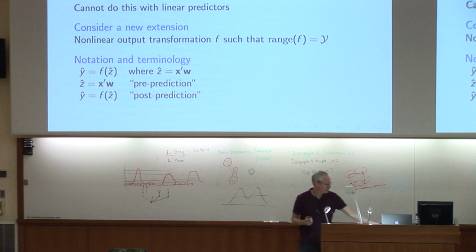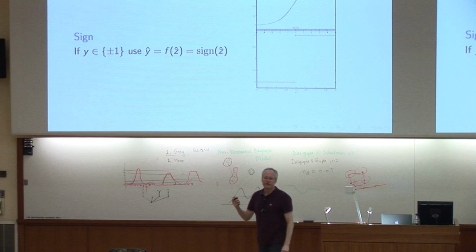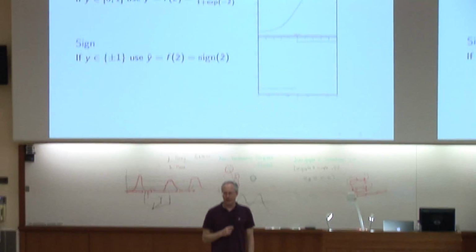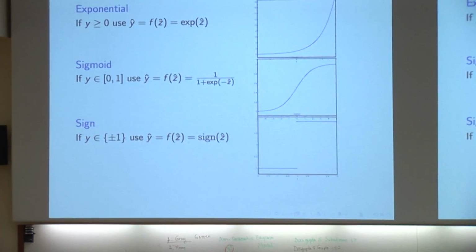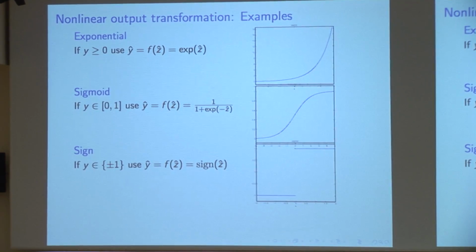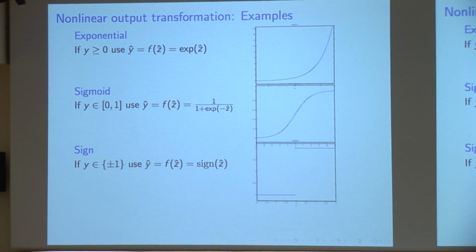This is most easily seen with examples. So, for example, say we're really interested in non-negative data, and we would really like it if our predictions were non-negative always. Just because that's the way the world is, okay? Well, here's a pretty obvious transfer we could use in that case. What we could do is just learn our linear model, get our linear response. I'll start calling the pre-prediction values z hat instead of y, okay?